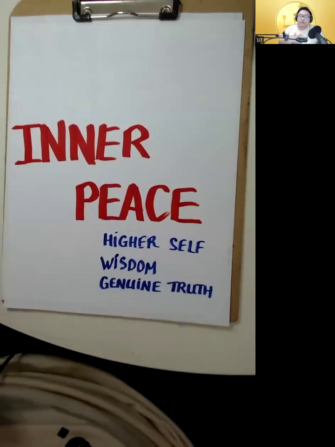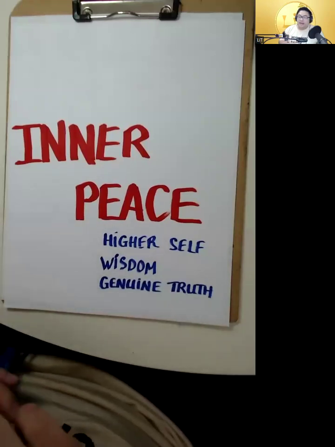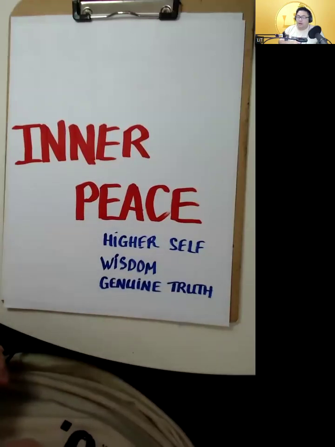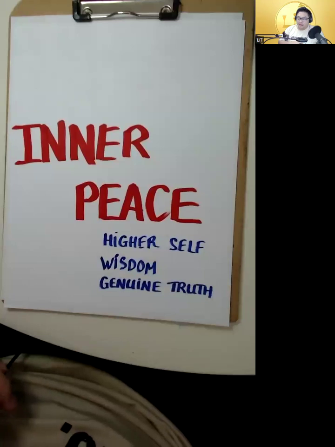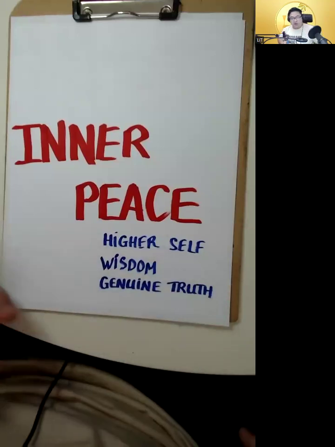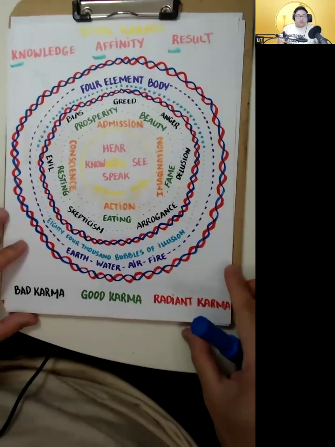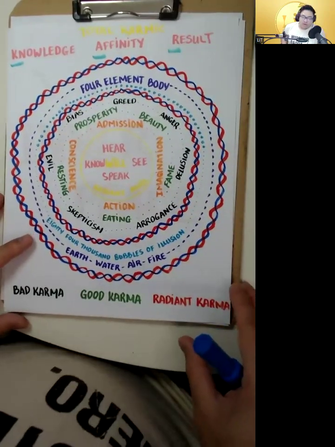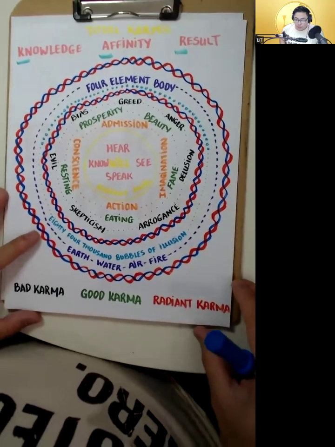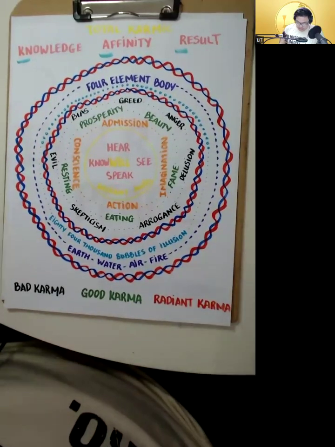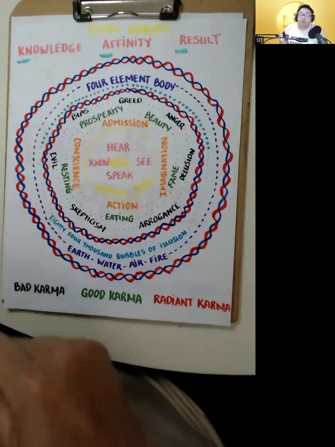And the genuine truth is the things that do not change through space and time. And in order to understand that, we have to circle back to our presentation a couple of weeks ago regarding the total karma in each person's life.